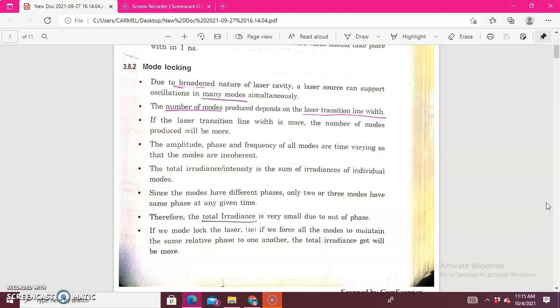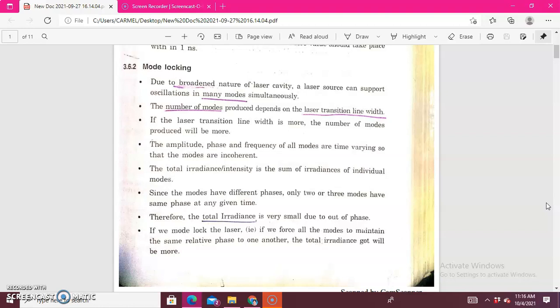Mode locking is a technique in which a laser can be made to produce pulses of light. There are two different types of mode locking techniques: one is passive and another one is active. This particular technique can be used for chemical reactions as well as any dynamics.